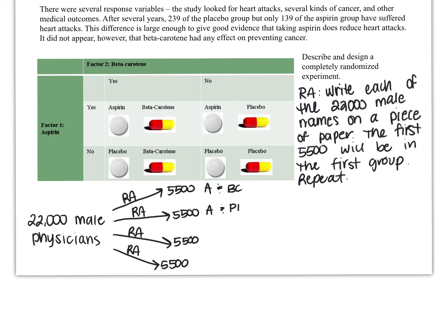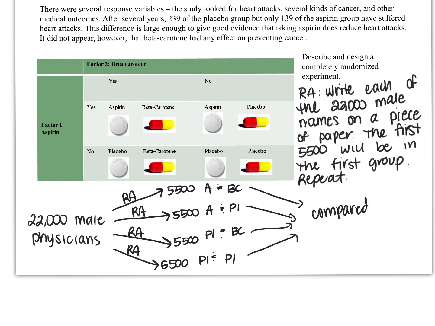We also had placebo and beta carotene, and then we had our group that was taking 2 placebos. Okay. Then those 4 groups led to our conclusion where we compared health outcomes.